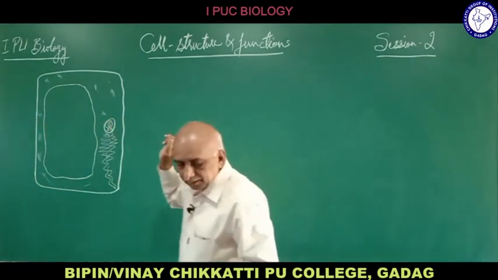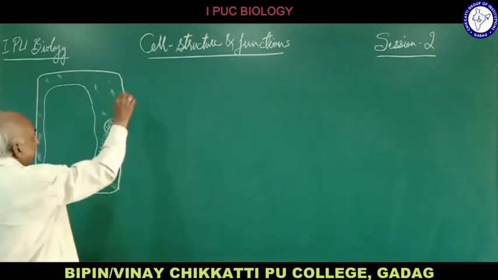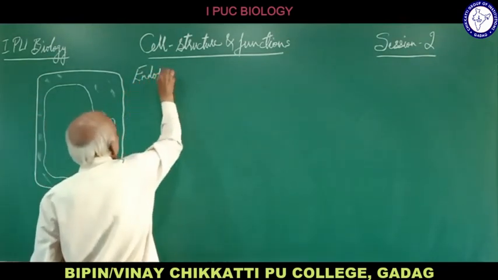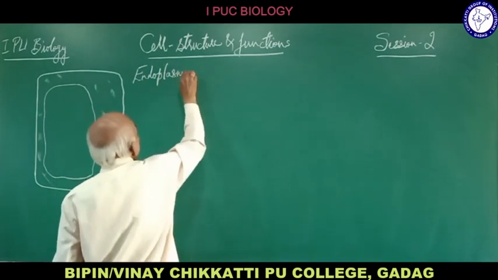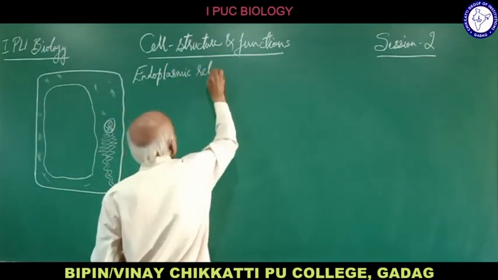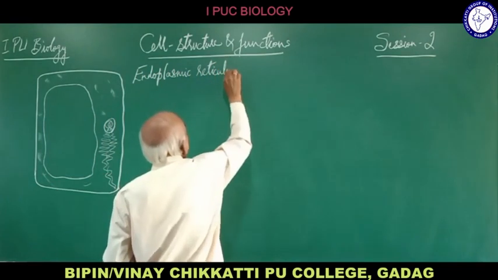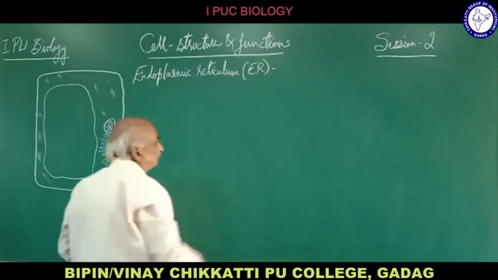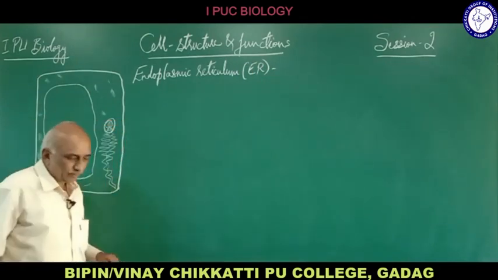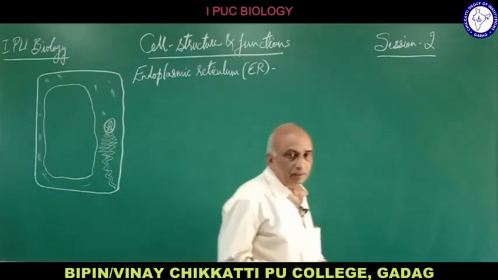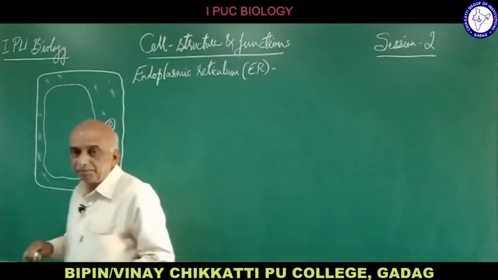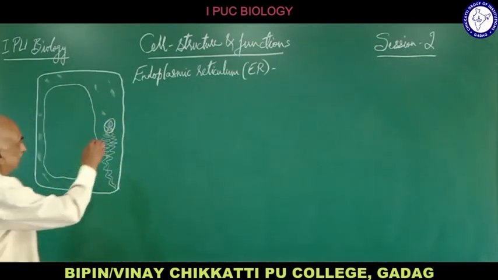So one by one, we study the organelles and their functions. The endoplasmic reticulum, briefly written as ER, is a network of tubular, branched, membranous structures connecting the cell membrane and the nucleus.